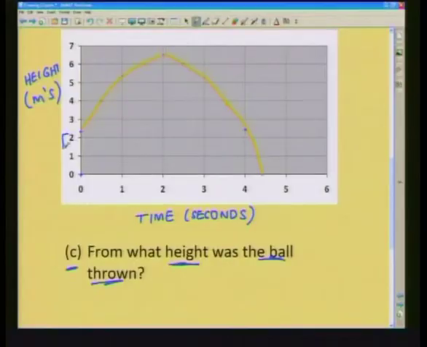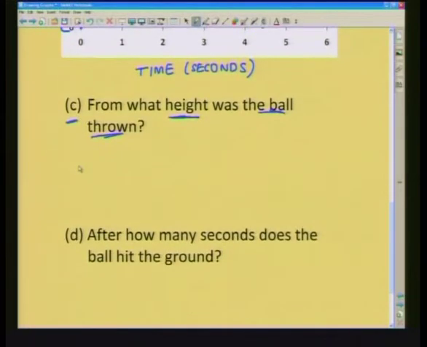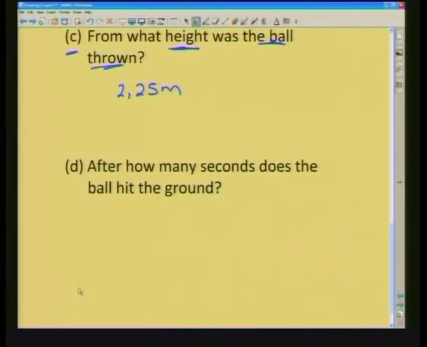So this first part of the graph in height shows us that the ball was actually 2.25 meters above the ground at 0 seconds. So immediately before anything happens, the height is 2.25 meters above the ground. That's not a distance the ball travels, that's just the height from which the ball was thrown.